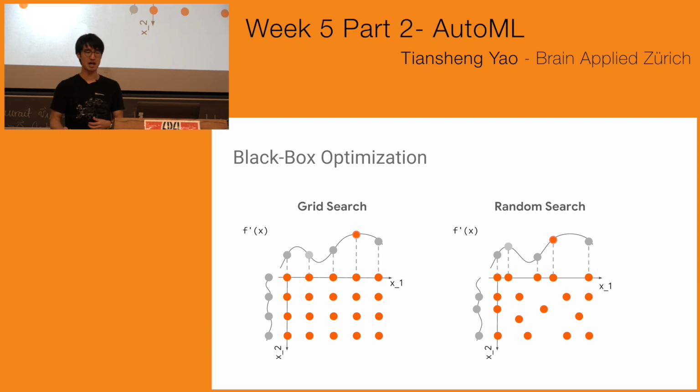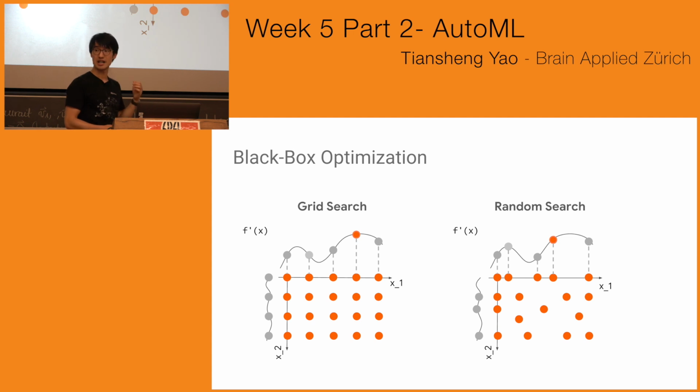Things become a little bit more complex when you go to higher dimensions, although you could still do grid search. Here I give an example of a 2D function. You have 2 dimensions, x1 and x2, and the line is the function value. On the left hand side, you do grid search. You sample at equal spacing of x1 and x2, and as you see in this graph, on the dimension of x2, the function value changes very little.